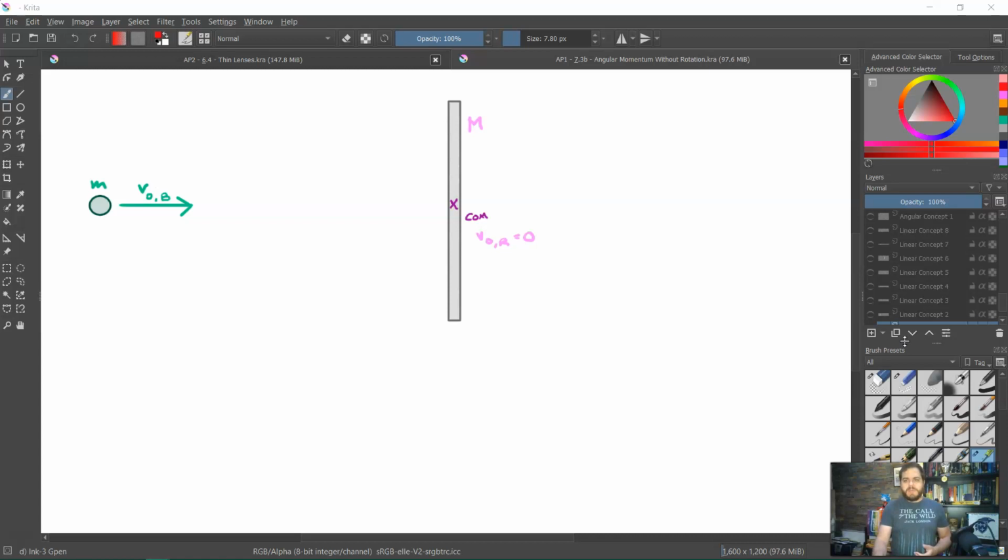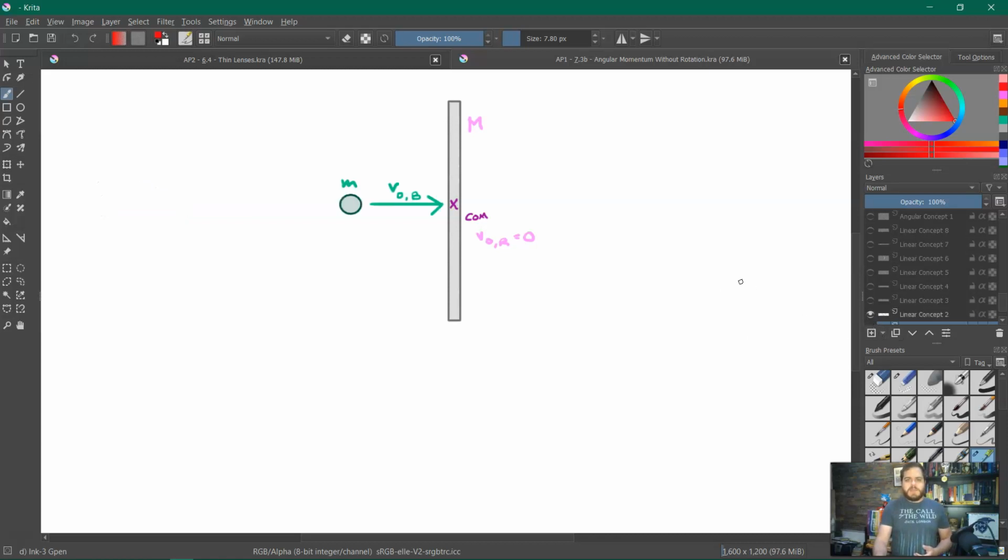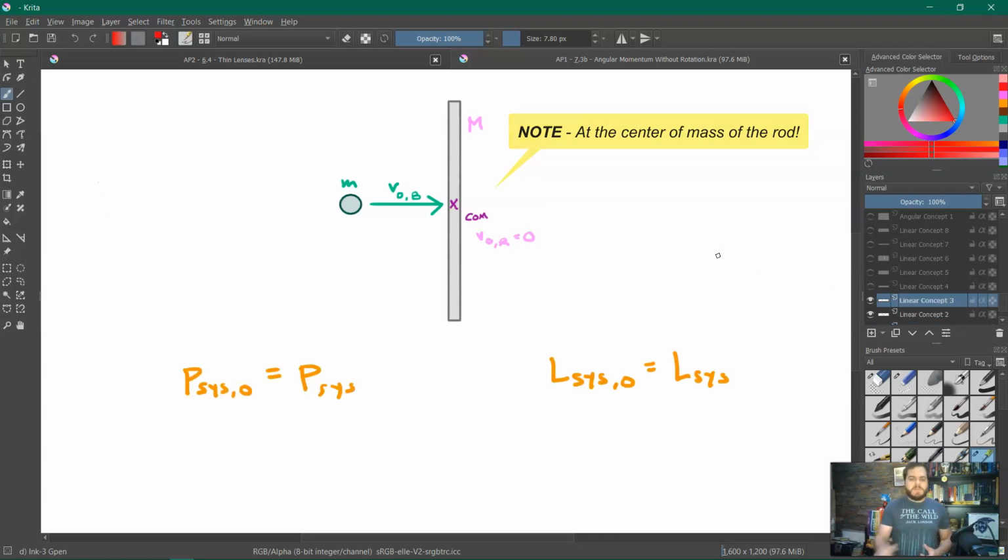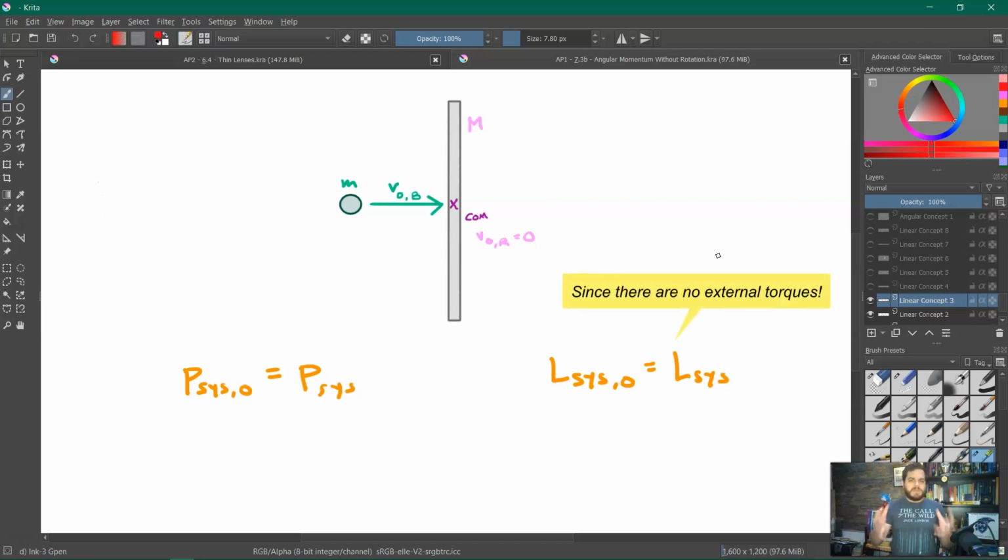What's going to happen as this ball comes in and then eventually strikes the rod? We already know, because we've done these sorts of things before back when we talked about linear momentum, that the linear momentum of this system should stay conserved. But additionally, we also now know that the angular momentum of this system of two objects should stay conserved. So let's make sure this actually works out.